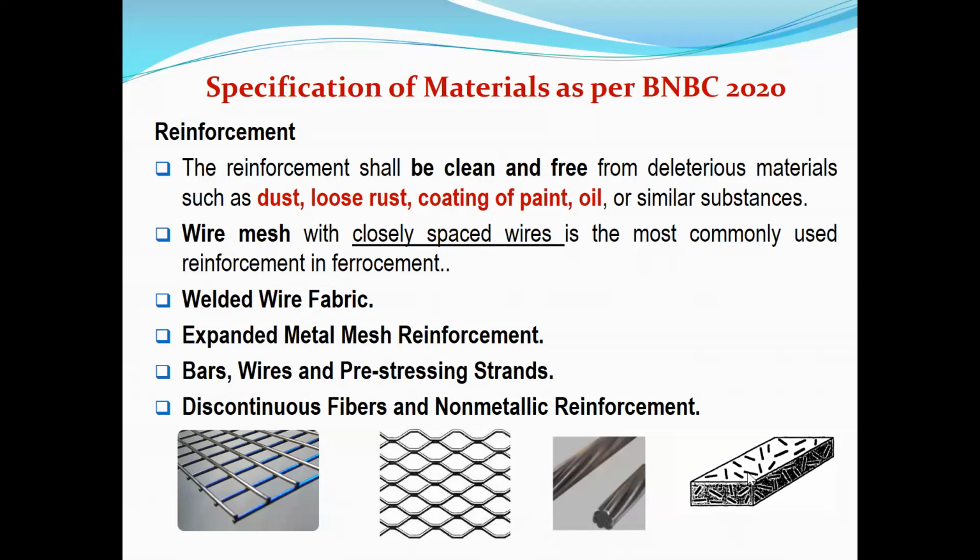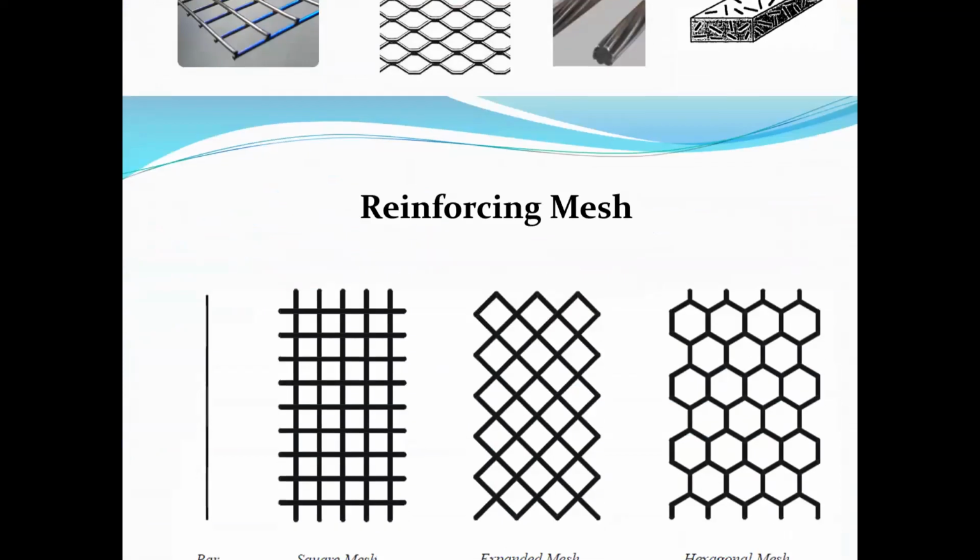Discontinuous fibers, that means fibers are just cut and then placed in random orientation, or other forms of non-metallic reinforcement may be used. Besides traditional welded wire fabric or metal mesh reinforcement or metal bars and wires, you can use those discontinuous fibers or non-metallic reinforcement as reinforcement for the ferrocement structure.